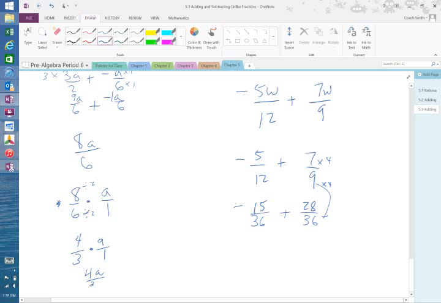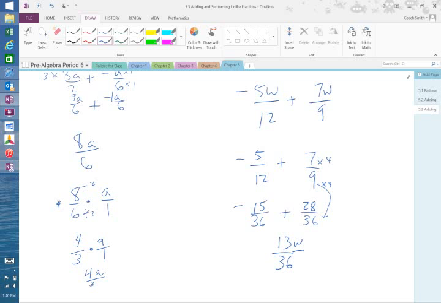What is negative 15 plus positive 28? 13 over 36. Now just put the w back on there. That's all you're doing. The w does not play a role in the process of what you're doing.